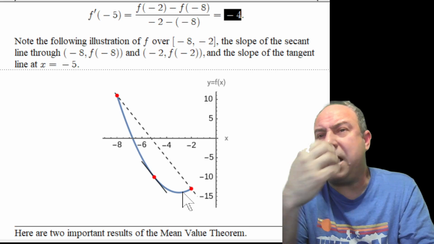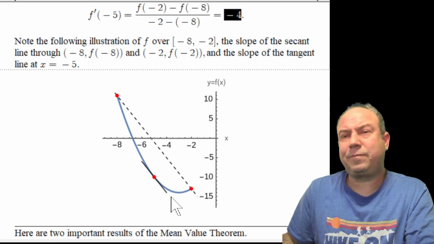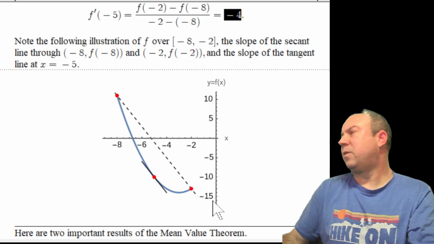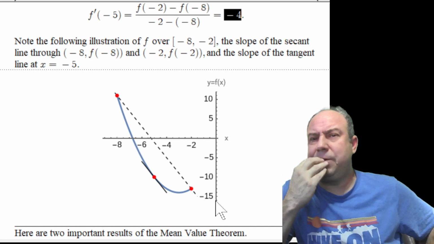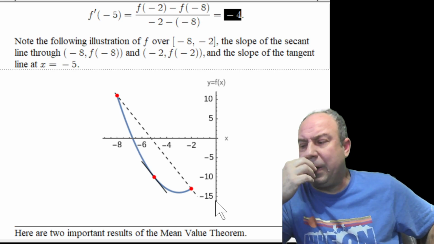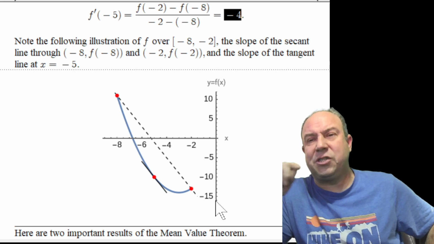The slope of the dashed line is parallel to the slope of this tangent line. That dashed line being the secant line. That is the mean value theorem in action. Using what it says to help us find this point of average change.